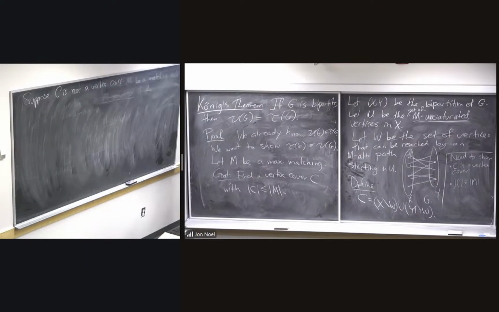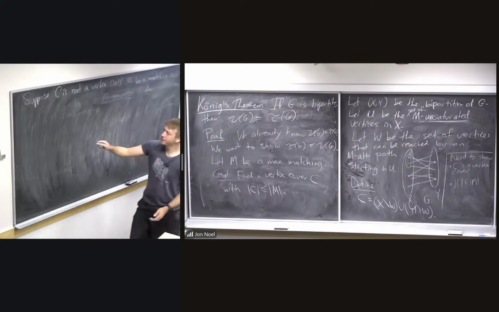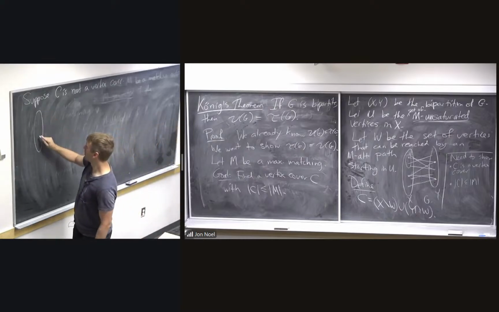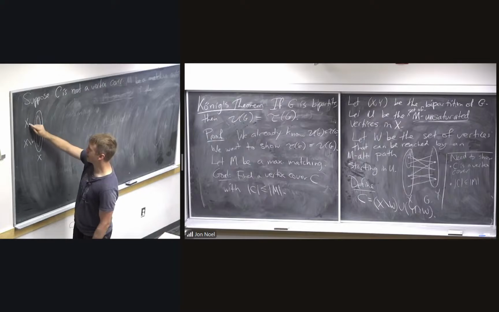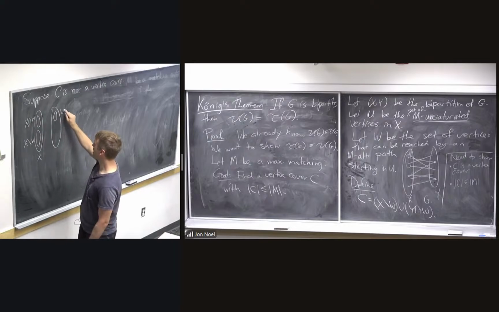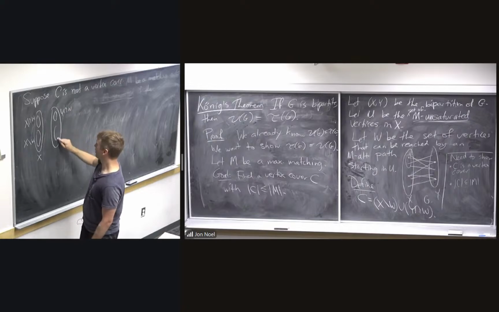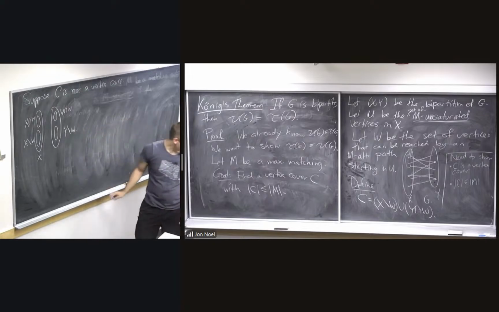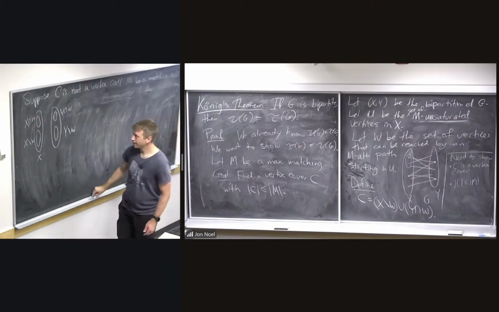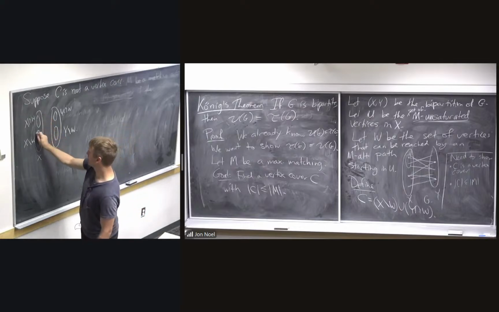I've got my set X, which is divided into X minus W and X intersect W. And I've got my set Y, which is Y intersect W and Y minus W. And my set C is this stuff and this stuff, right?